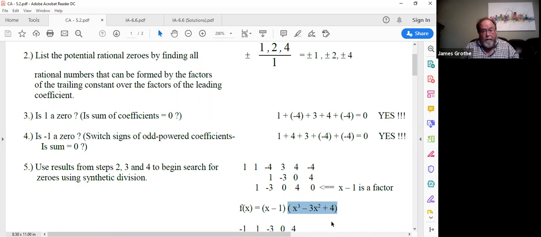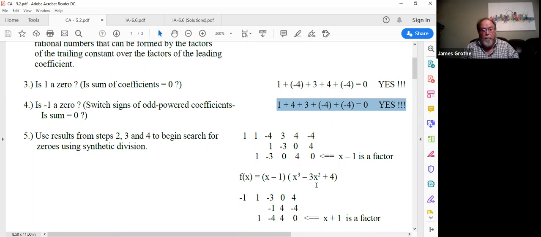Next, if you recall, I mentioned that -1 was a zero of the polynomial. Therefore, I'm going to go after that one next. I'm going to take my x cubed minus 3x squared plus 0x plus 4, and plug in -1, or divide by x minus a -1, which is x plus 1.